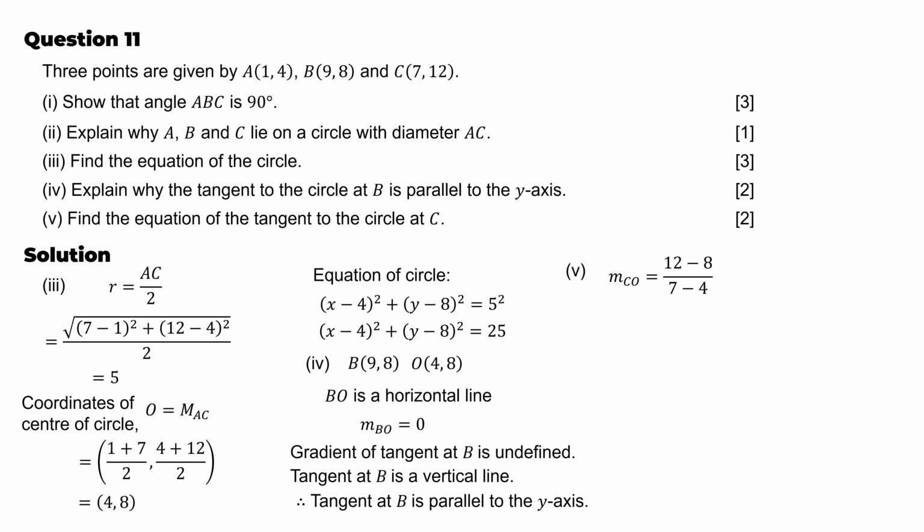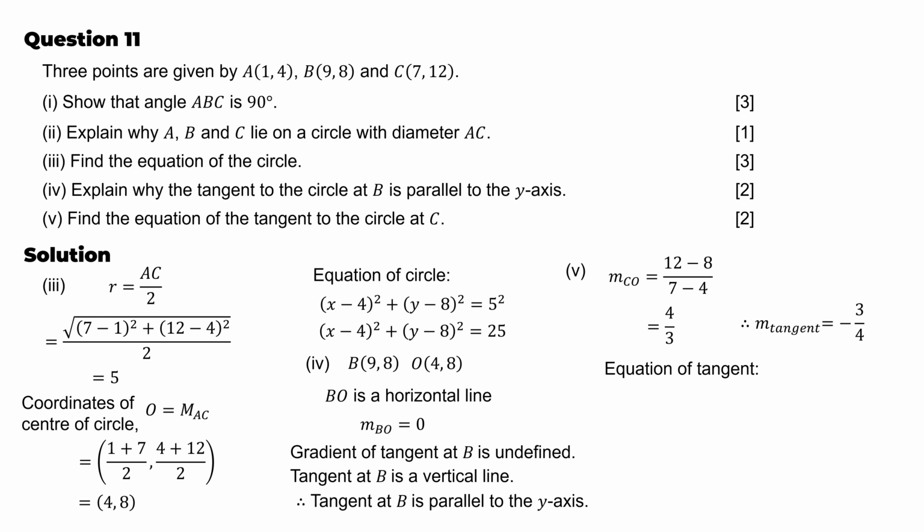Part 5. To find the equation of the tangent to the circle at C, first we need to find the gradient of CO, which is (12 minus 8) over (7 minus 4). We get the value 4/3. Hence, the gradient of the tangent is -3/4 as they are perpendicular to each other.